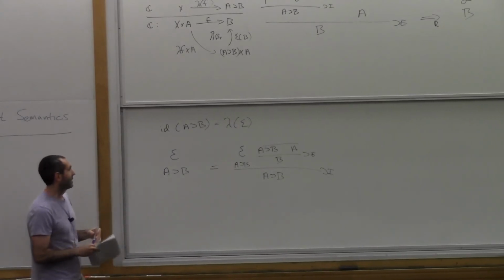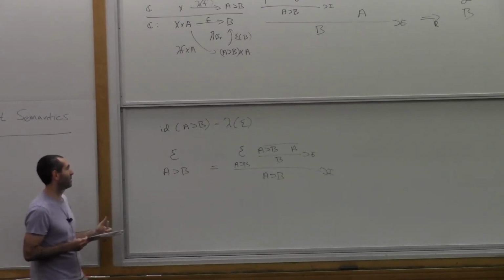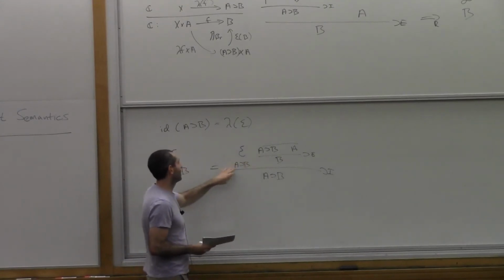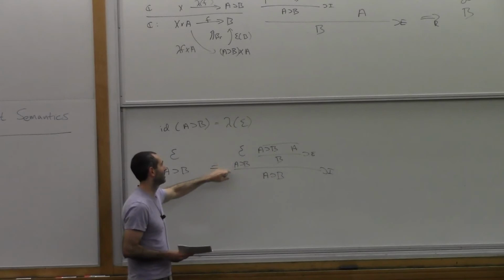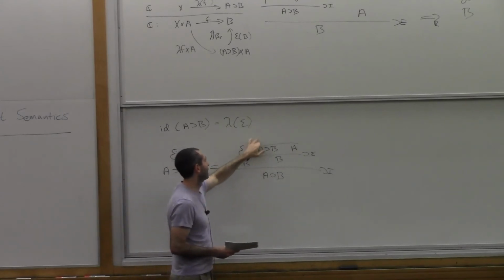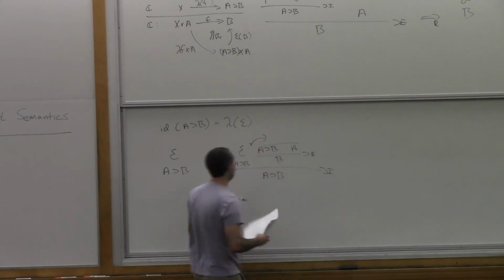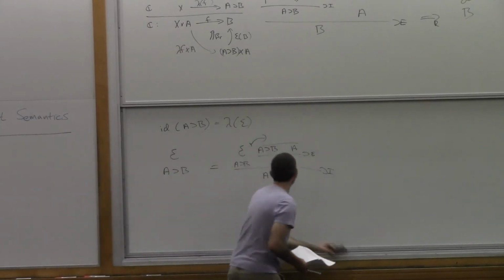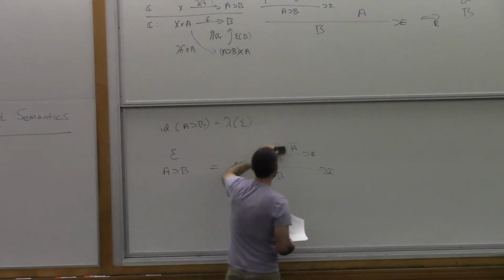In this notation, it doesn't quite match up because we don't see the global assumptions, so I've been writing them off to the side here. When I precompose something to the global assumptions, what I really want is this E derivation to be moved up here. So the question is, why am I allowed to do that? Why, instead of having that, can I have this?